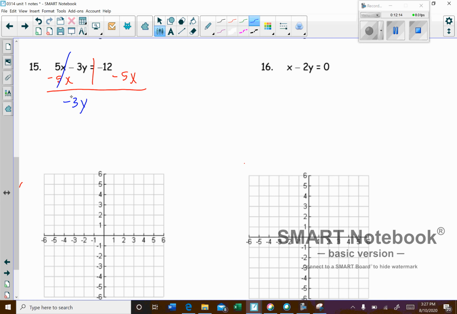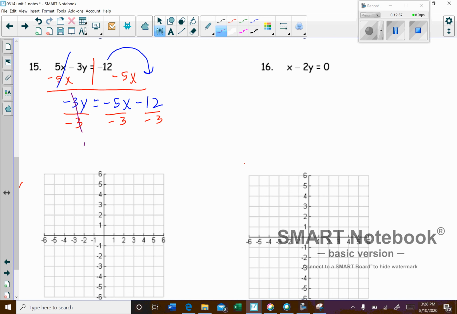You don't want to forget to bring the minus with you. And then I'm going to tuck the first value behind my slope and my x variable. So I'm going to write this as -5x, and then I'm going to put the -12. Then what we'll do is we'll divide everything by -3, and I should be good to go.